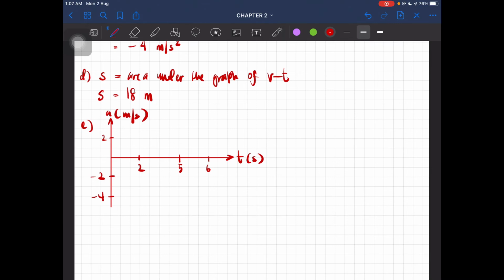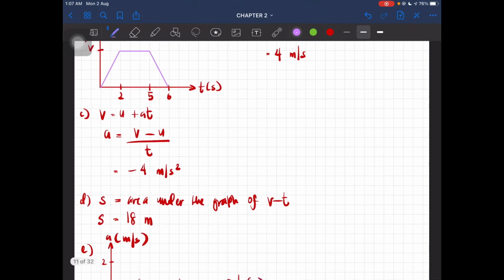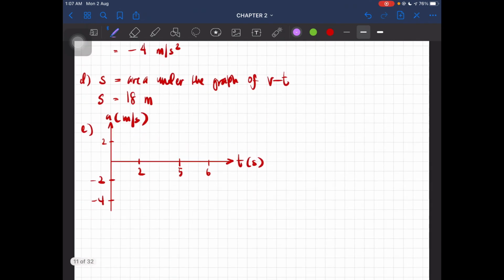During the first 2 seconds, the acceleration is 2 meters per second squared.